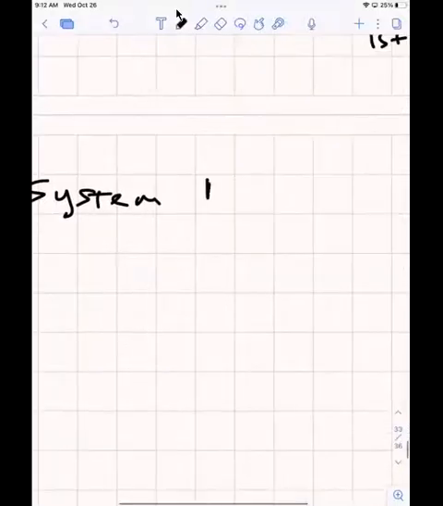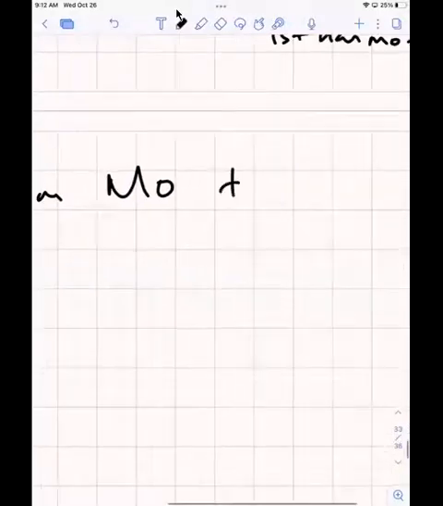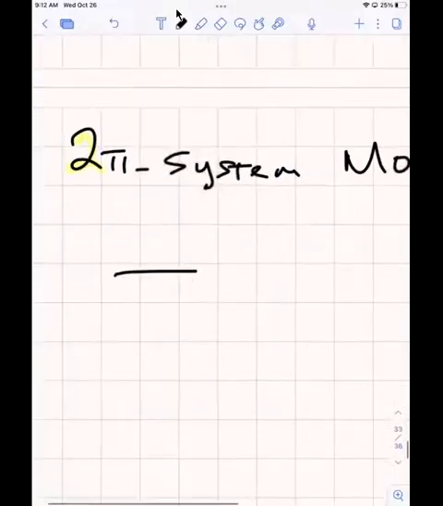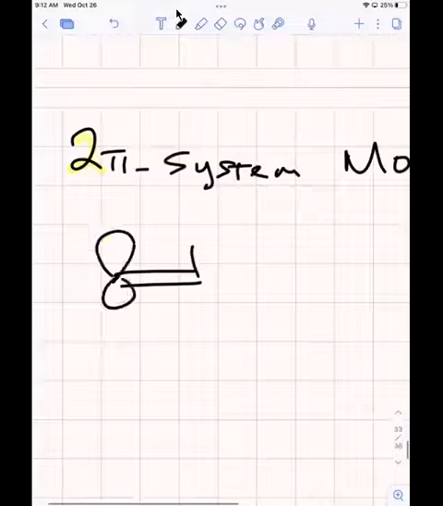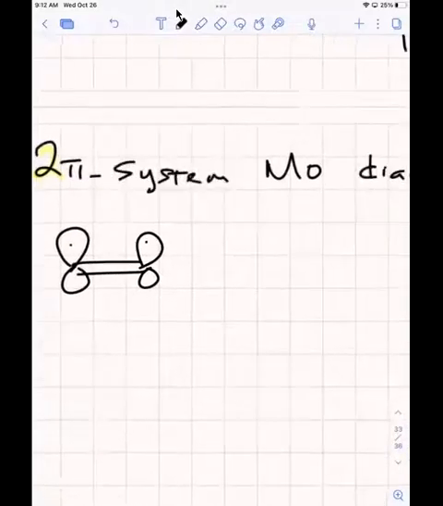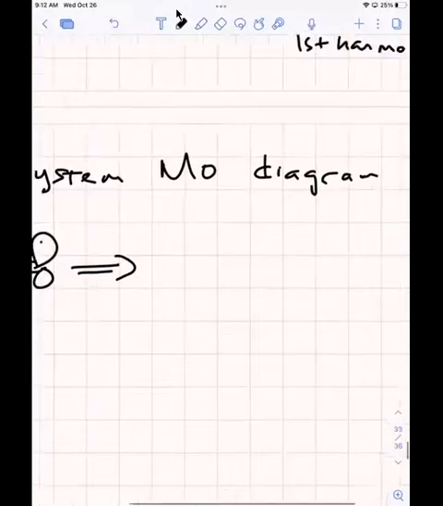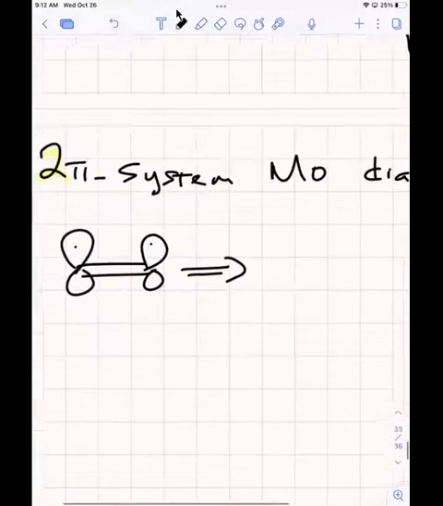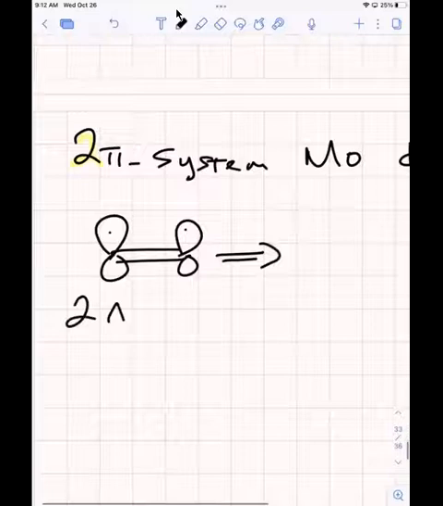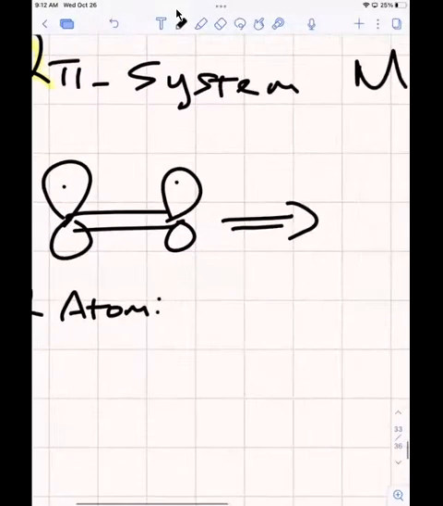So for a 2-pi, we can draw the MO diagram. Right, if this is my alkene, it has 2 p orbitals. To make that pi bond, each p orbital has 1 electron in it. So because of that, if I have 2 atomic orbitals, what does that mean for the number of molecular orbitals? How many different ways can those p orbitals combine? That's the way to think about it.